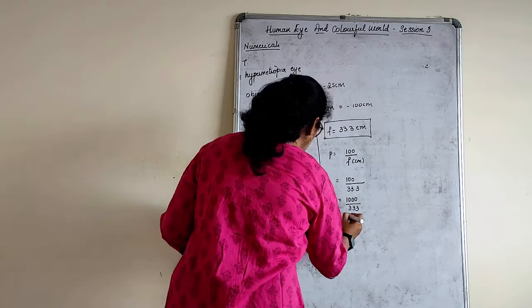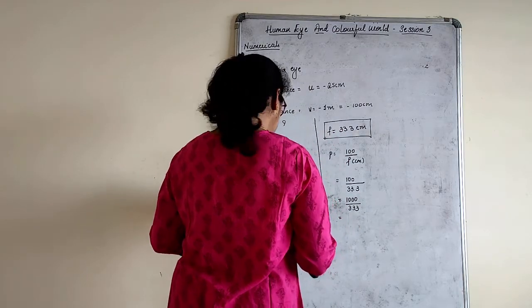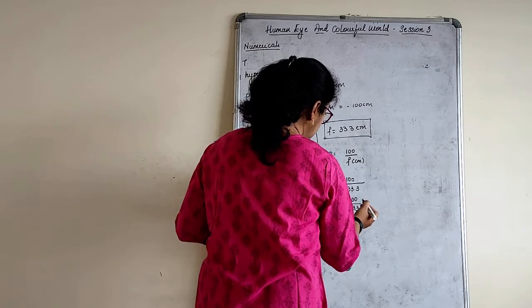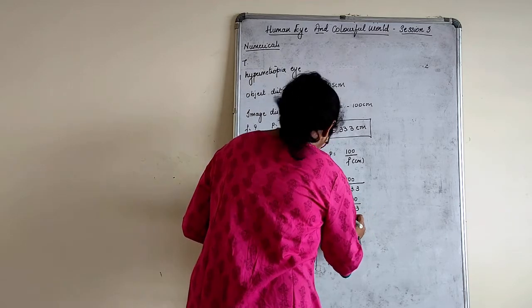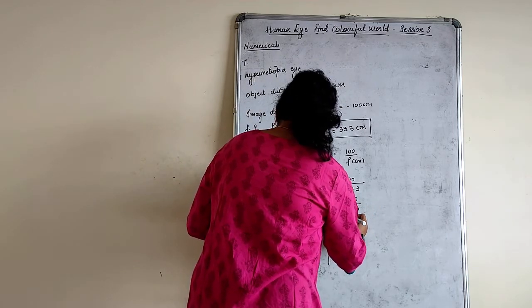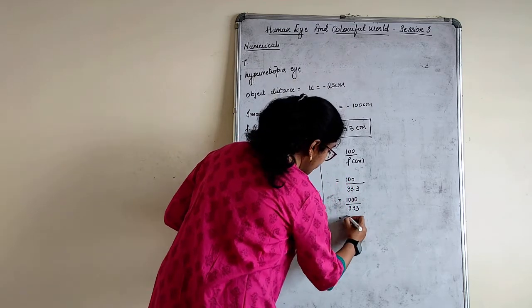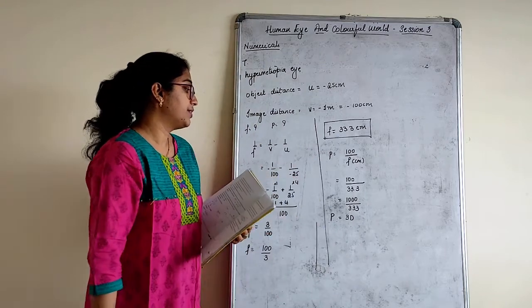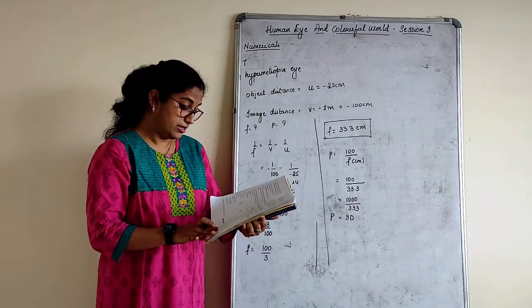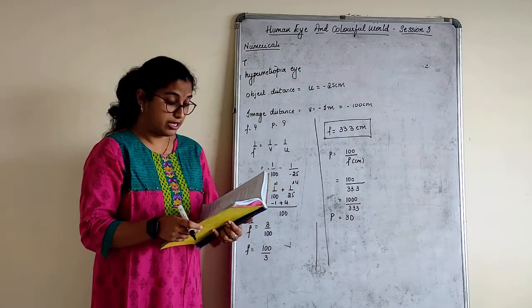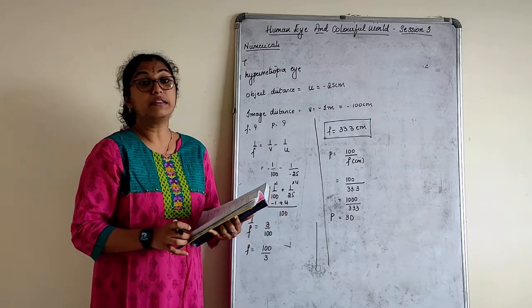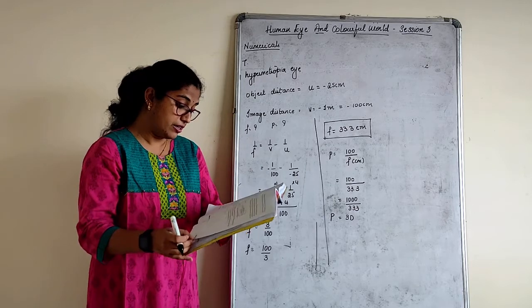You can just remove the decimals and cancel. You will get an answer of almost 3 diopter. So plus 3 diopter. You can give the answer: the corrective lens is a convex lens of 3 diopter.